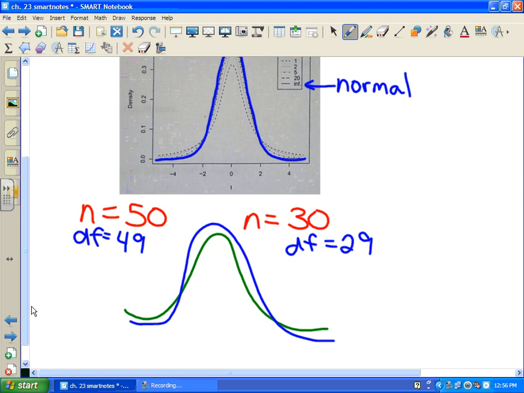The bigger the n, or the degrees of freedom, the smaller the tails. Like the blue, this one is the blue. See? Okay. Got it.